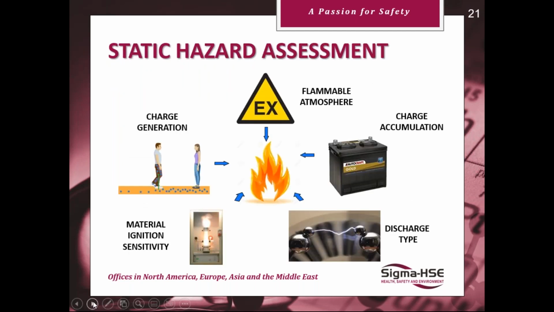So how are we going to do our static hazard assessment? Well, it's broken down into several units. Firstly, do we have a flammable atmosphere? So if you work above the UEL or below the LEL of a liquid, you may not have a flammable atmosphere.